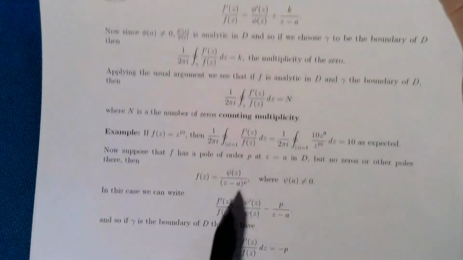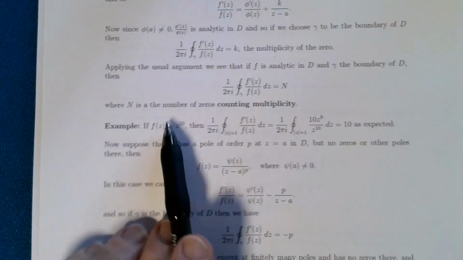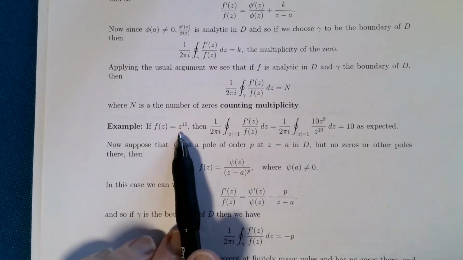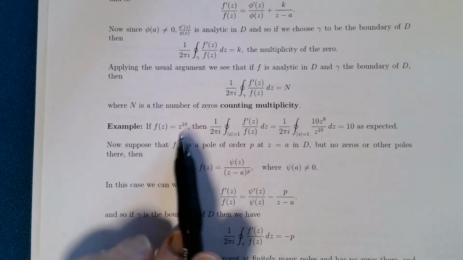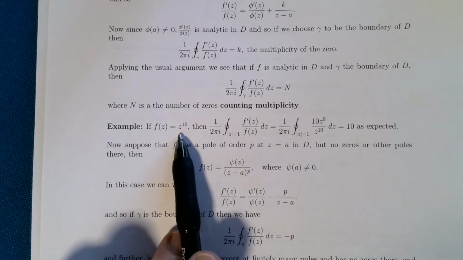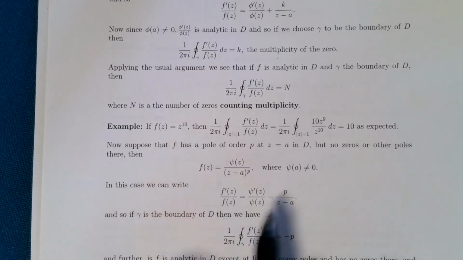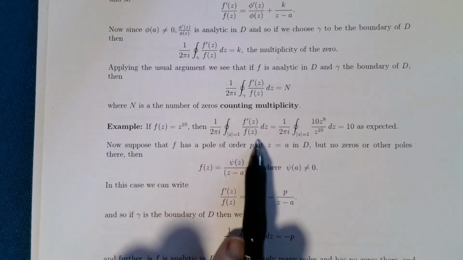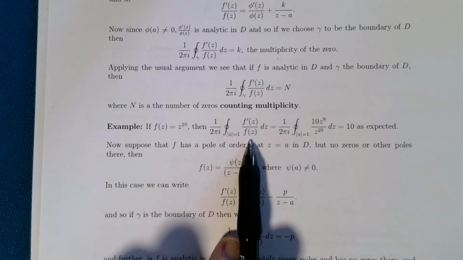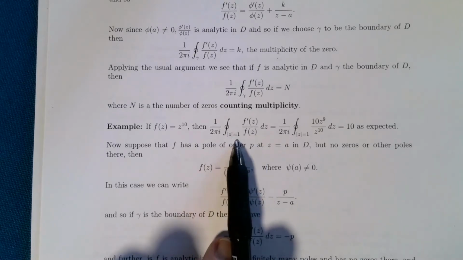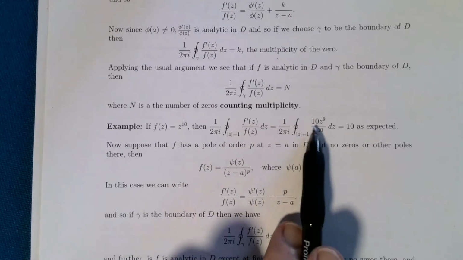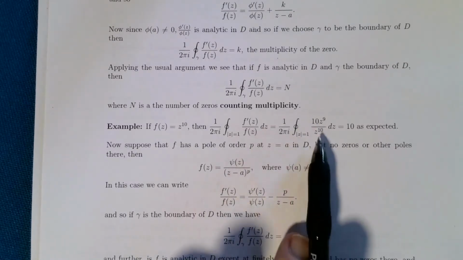A simple example, very trivial example really. If we take f(z) to be z to the 10, then this has a zero of order 10. So there are 10 zeros counting multiplicity, and if I just work out this integral, 1 over 2 pi i of the logarithmic derivative of this around the unit circle, then we simply get 10 times the integral of 1 over z.